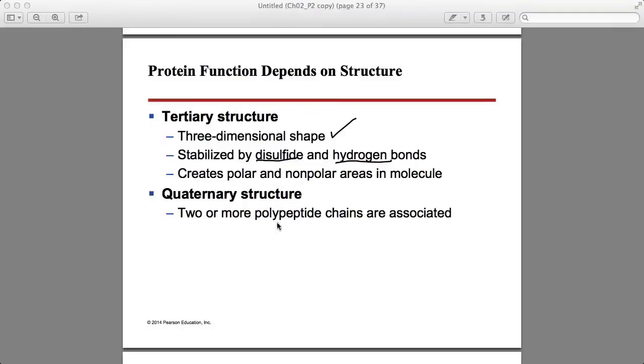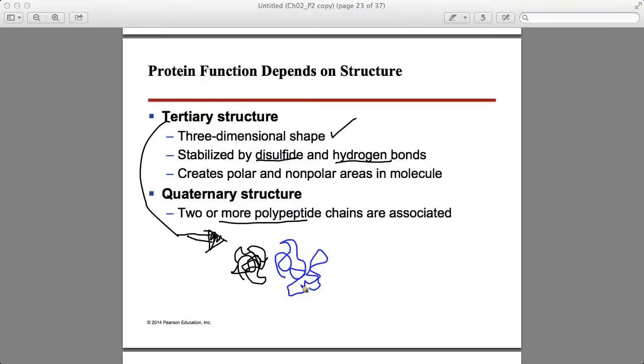The quaternary structure is when you have two or more polypeptide chains that are associated with each other. So you might have one polypeptide chain here forming a tertiary structure. So this three-dimensional thing here that I drew is a tertiary structure of one polypeptide chain. But you might have maybe another polypeptide chain here in blue. Might look a little different. So these two can interact in various ways.